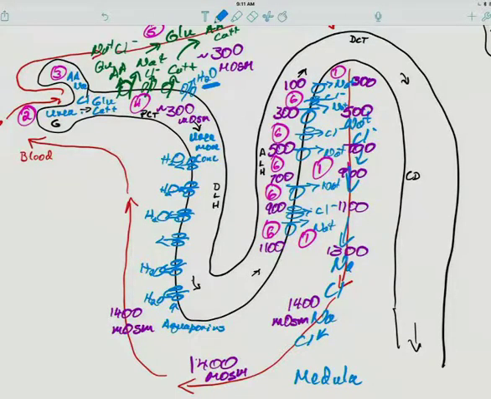Katie? So is it going to be the same level of difference in the descending loop as the ascending loop? And there wouldn't be. In the descending loop, you might have 5, 10, 20 milliosmol difference at any given location, because it's passive.